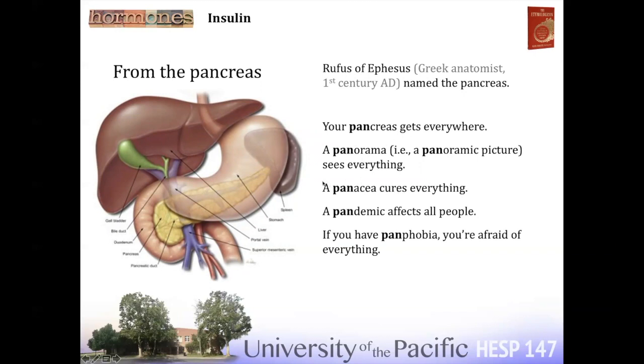A panacea, that's a cure-all. You don't see a lot of cure. Exercise is a panacea. Maybe you see it in that context. A pandemic, we're looking at this today. A pandemic with COVID, it's affecting everybody. There's nobody immune. There's no country or class or demographic or age or whatever that is immune. It's a pandemic. It's everywhere.